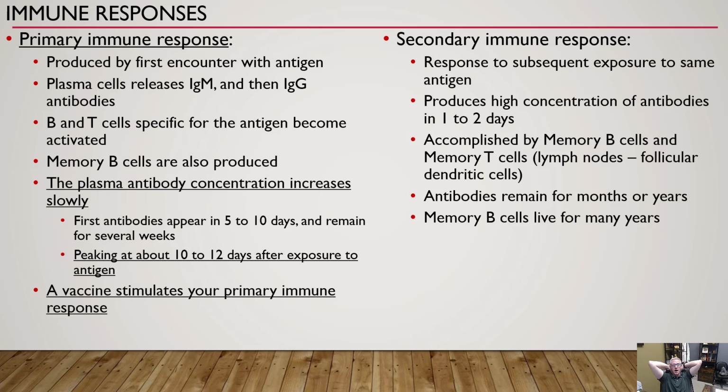And then we do that with our third line of defense, our specific immune system, so our humoral and our cell mediated, they're going to kick in. We're going to see our memory B cells be produced and stuff like that.